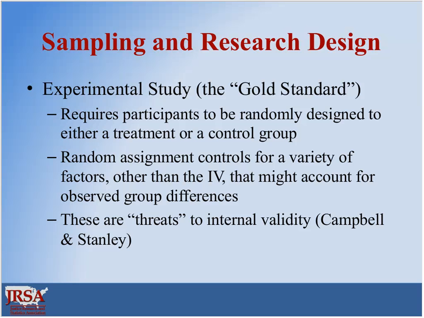The reason that this is the gold standard is because random assignment controls for a variety of factors other than the independent variable that might account for any observed differences between your experimental group and your control group. In Campbell and Stanley terms, these are known as threats to internal validity.